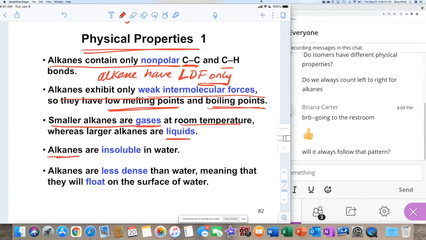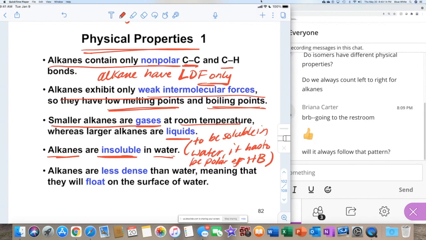And then alkanes are not soluble in water, because to be soluble in water, the compound has to be polar, or have hydrogen bonding ability.